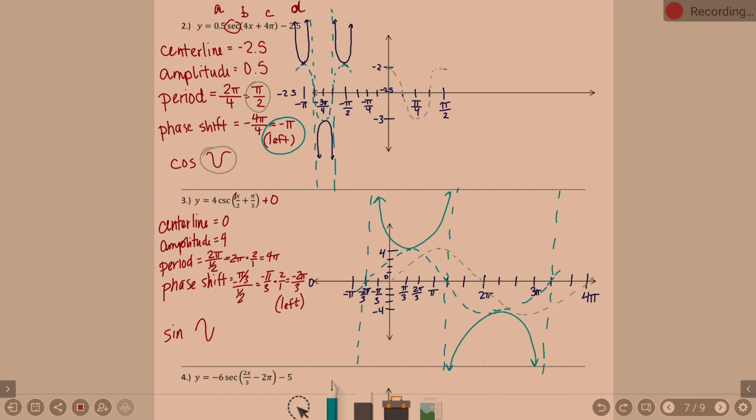Okay? This parabola is directly above pi over 3. This parabola is directly under 7 pi over 3, the mark right after 2 pi. Okay?